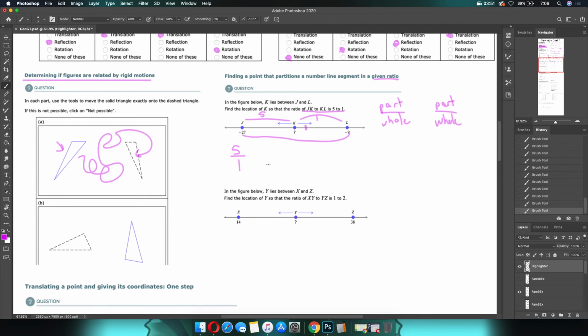That's what we've got to keep in mind. So what's our total distance here? We have 27 to negative 9. So 27 minus negative 9. That's a double negative. That's going to be a distance of 18. Okay.